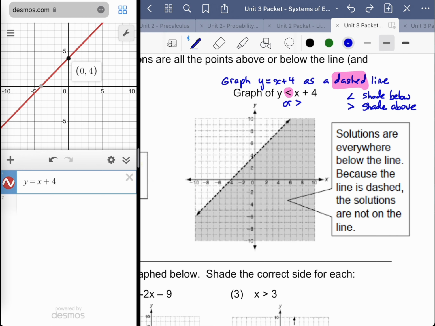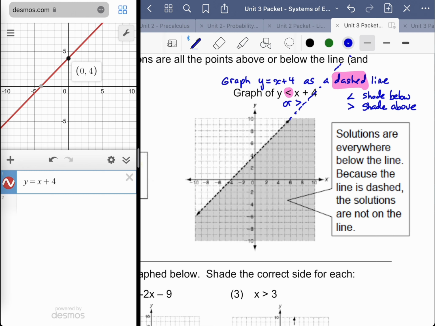The only part that would be a little confusing would be over here, where you'd say, is this above anything? Well, you'd have to imagine that this line could extend on forever. That shaded region is never going to be above anything.